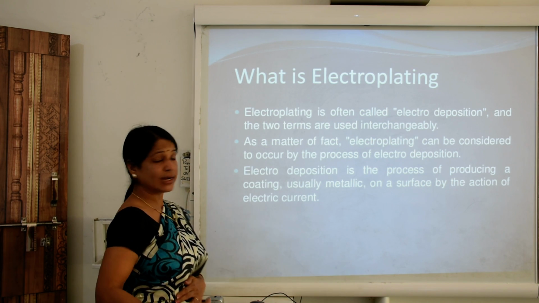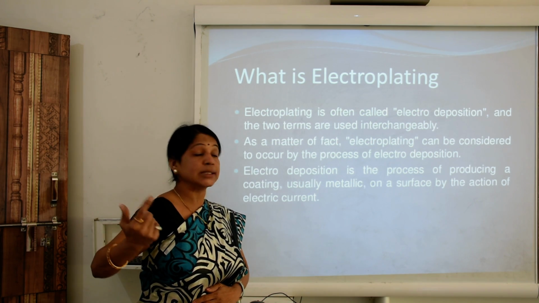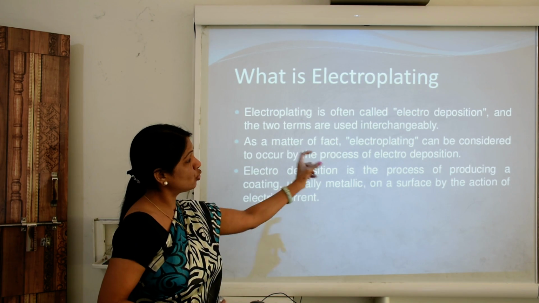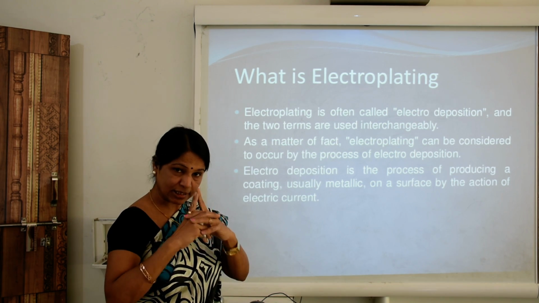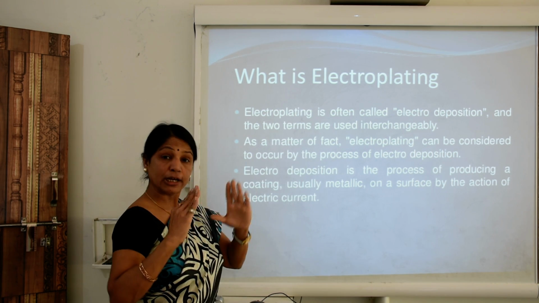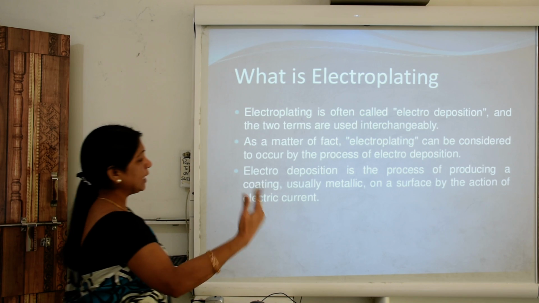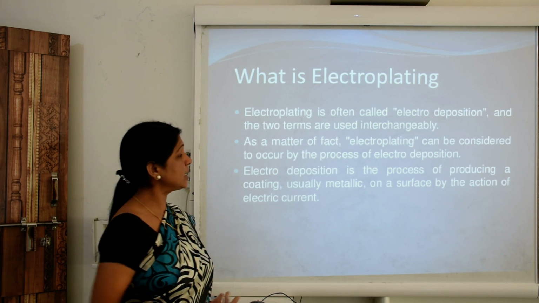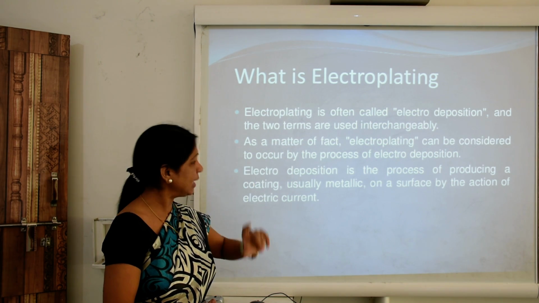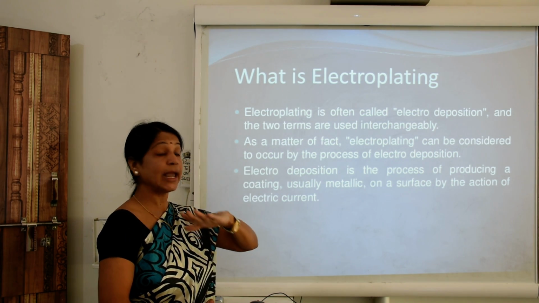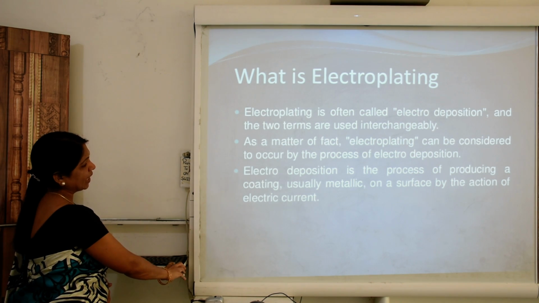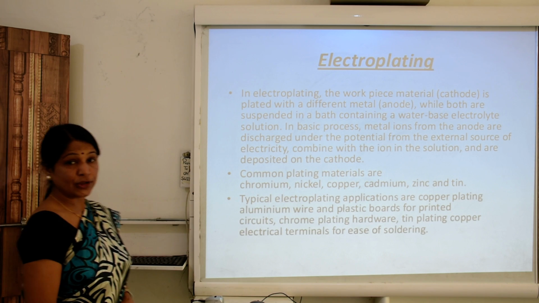As a matter of fact, electroplating can be considered to occur by the process of electrodeposition, where ions are divided and deposited. Electrodeposition is the process of producing a coating, usually metallic, on a surface by the action of electric current. So that is why we get any type of coating.